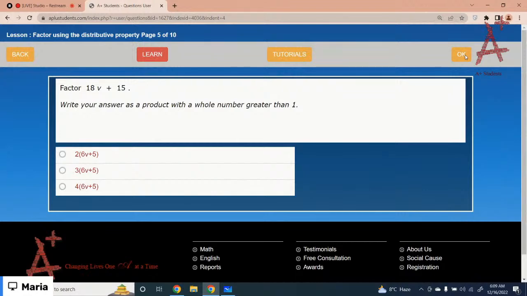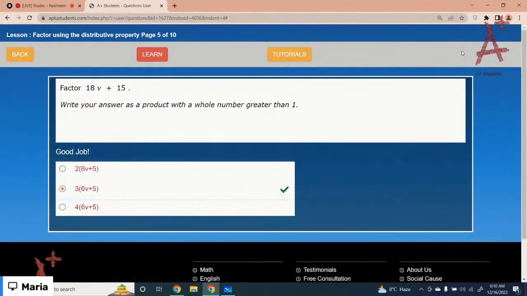So the correct option is the second one, 3 times 6v plus 5. Yes, very good. No, you cannot divide 18 and 15 by 4, isn't it? Yes, 3 is the common one. Very good. 3 is the greatest common factor for both the numbers.